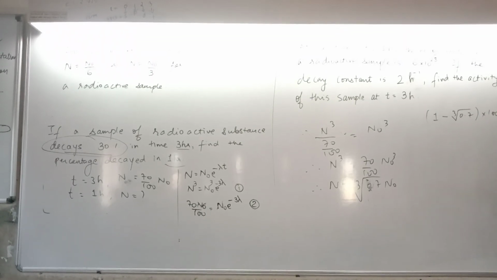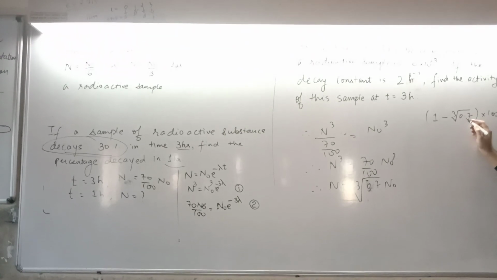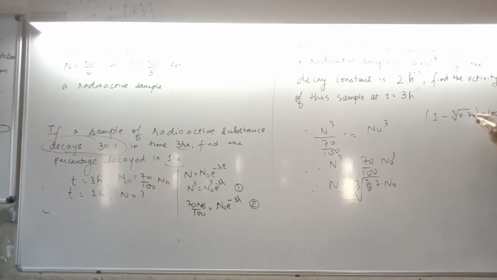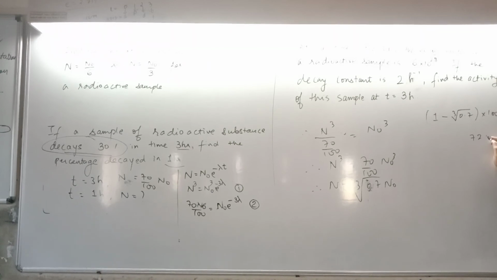Is it fine? Okay, if you want, you could try to approximate the cube root of 0.7. 729 is the cube of what? 9 cubed. Sorry, 9 square is 81 and 9 cube is 729.